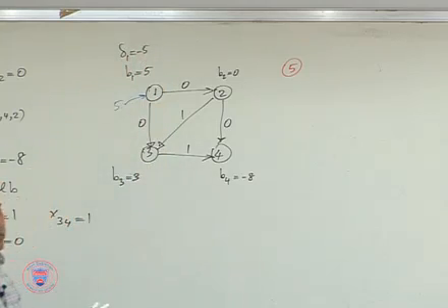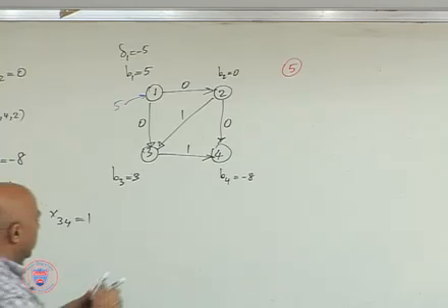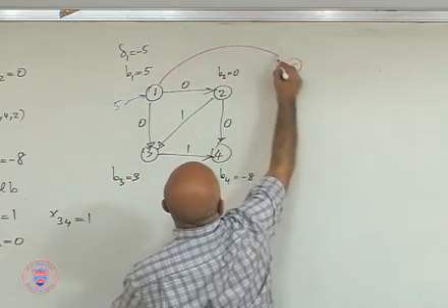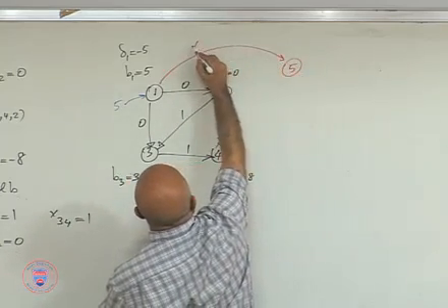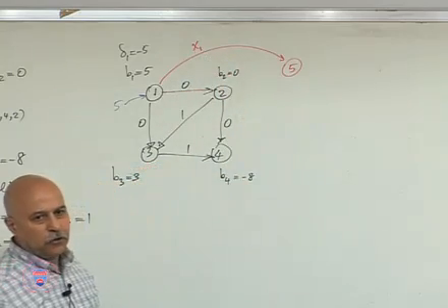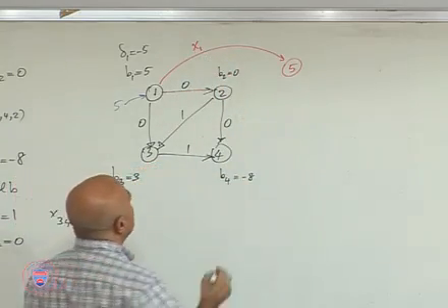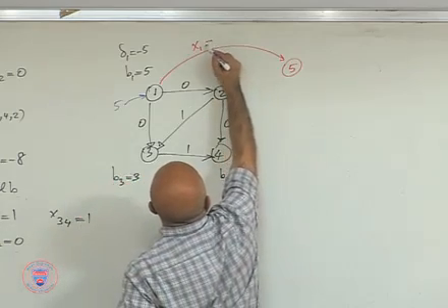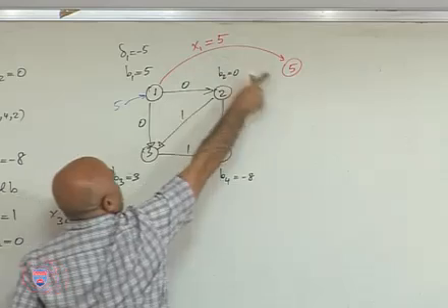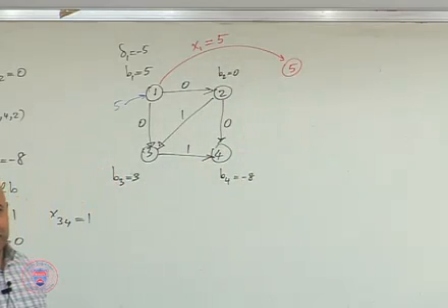So what am I supposed to do now, if you look at your instructions? Create an arc from 1 to 5. So we put an arc from 1 to 5, and how much do we assign? This is x1 because it joins 1 to 5, or call it x15, whatever you want to call it. And it's, of course, going to be equal to plus 5. 5 coming in, 5 coming out. That's it, okay?